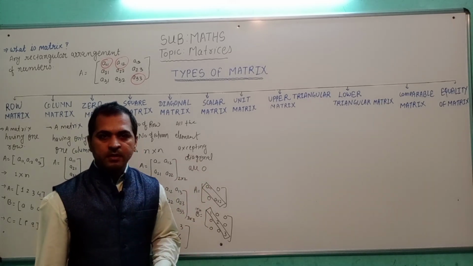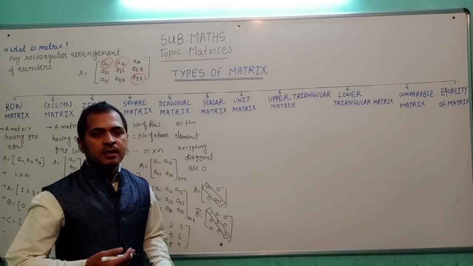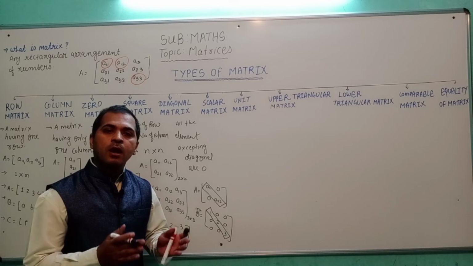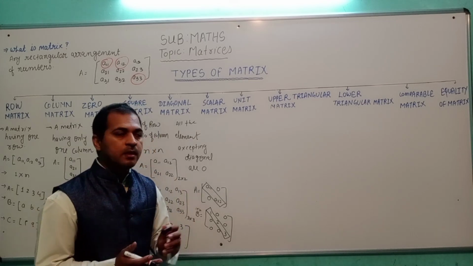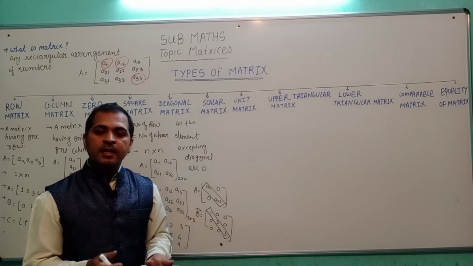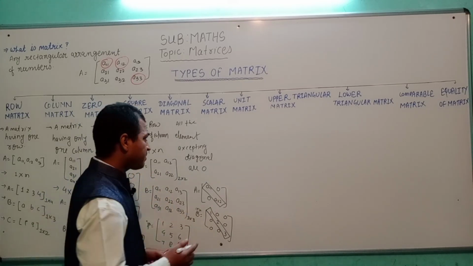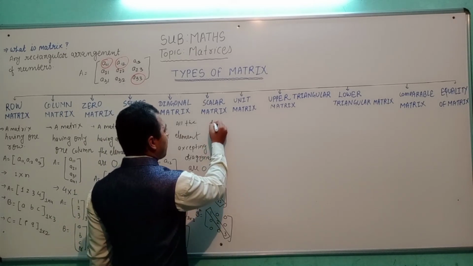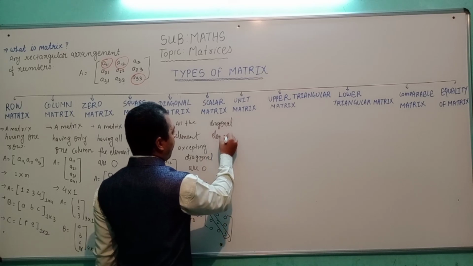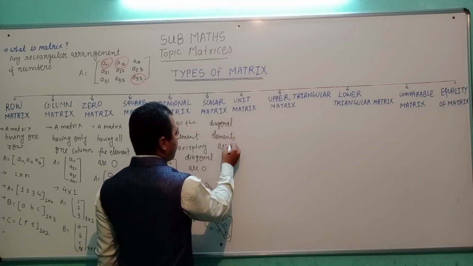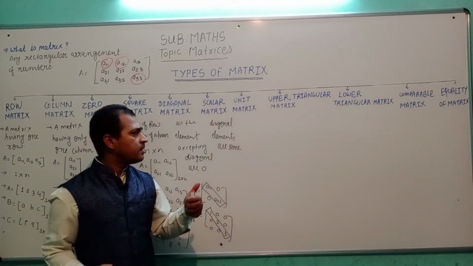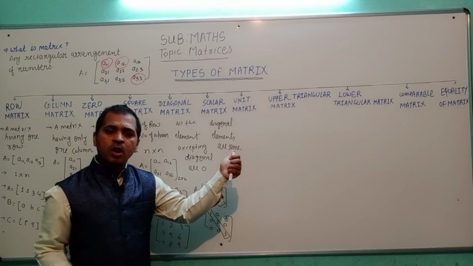Scalar matrix. A scalar matrix is a kind of diagonal matrix. In a scalar matrix, the diagonal elements are always the same. Okay students, in a scalar matrix, the diagonal elements are always the same.